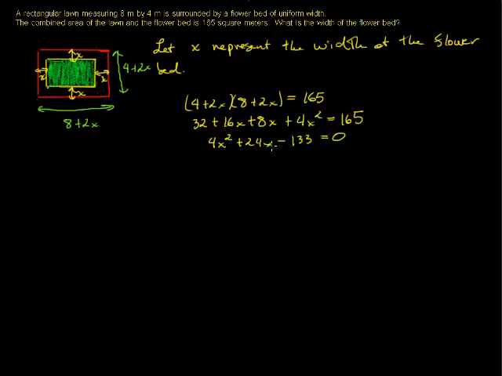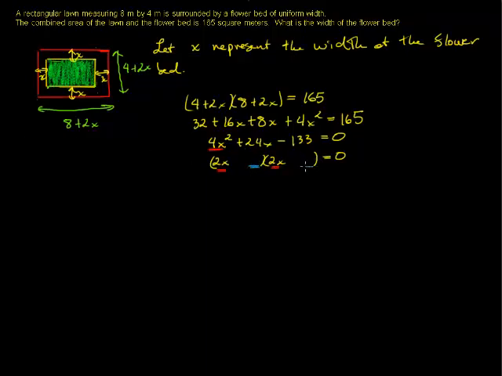Now we can try to factor this using guess and check, or we could have solved it by using the quadratic formula as well. If you try to factor it using guess and check, we know that the first terms have to multiply to give us 4x squared. So we'll guess 2x and 2x.